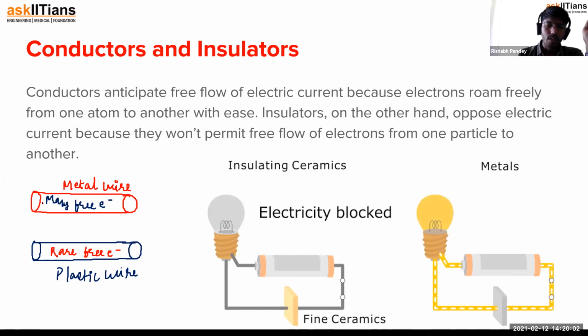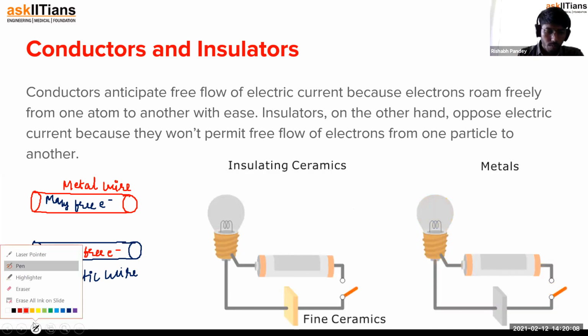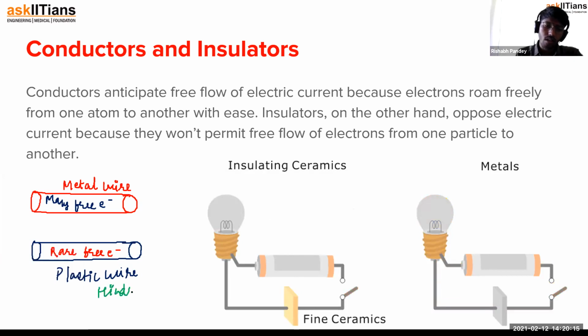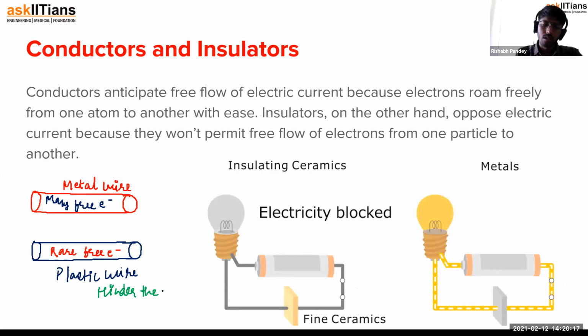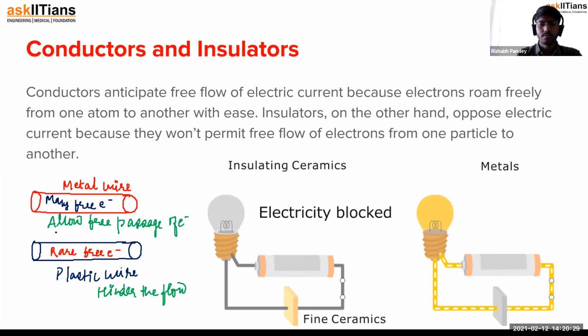So if I have very few free electrons, this cannot allow proper passage of the electrons. It will hinder the flow, and the metal will allow free passage of electrons.